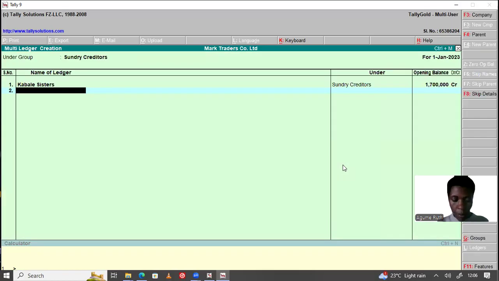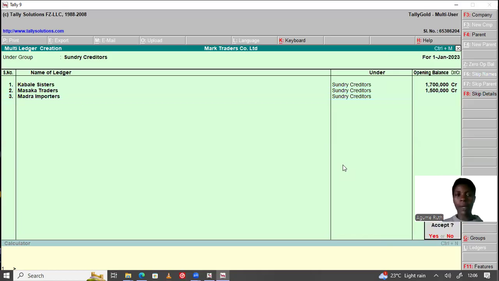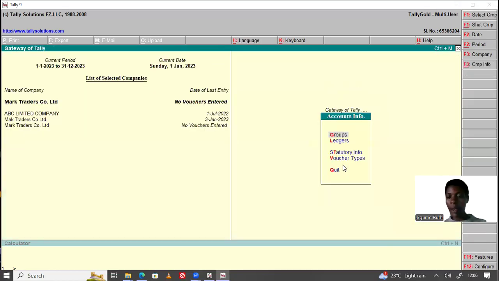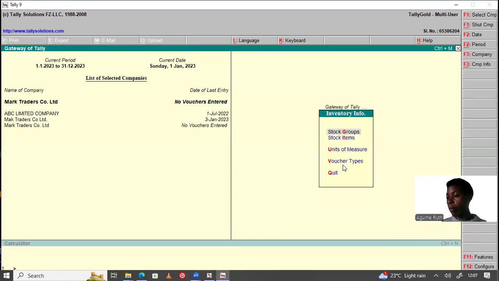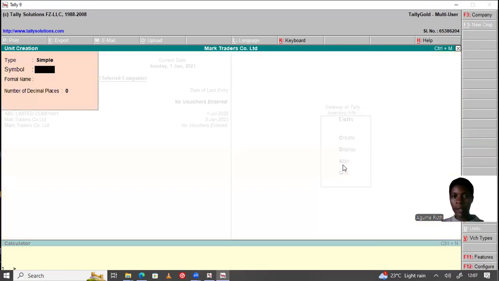The second one is Masaka Traders. It is 1.5. Then the third one is Madura Importers. They don't have the opening balance. So from there, I go to inventory info and I input in the details for the inventory, and I'll first with the units.